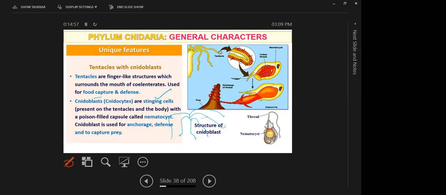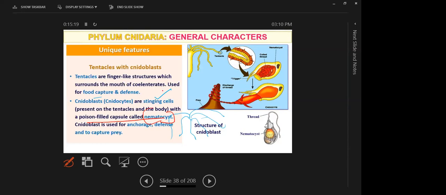These poison-filled capsules present in the nidoblast are called nematocysts. Nidoblasts are used for anchorage, defense, and to capture prey.